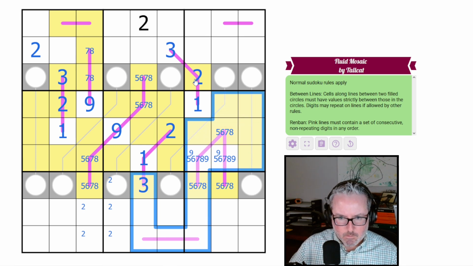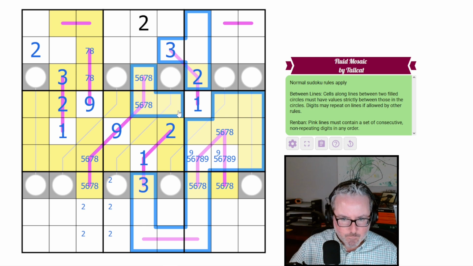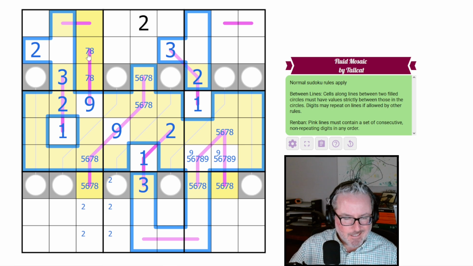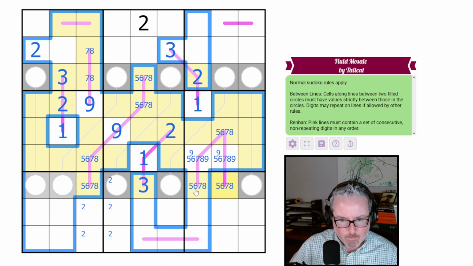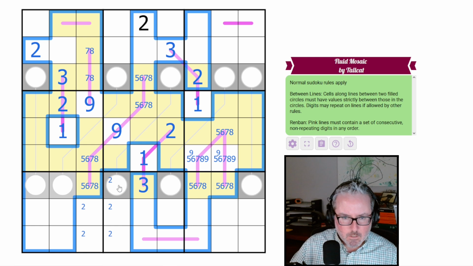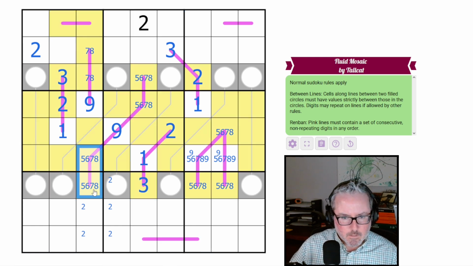So let's go a little deeper on our 1s here. See if we can pull anything else out of a hat, if you will. One of these is a 1, which means those aren't. So this is a 1-2 pair. Okay, do we have anything else? Well, this is not 7, 8.